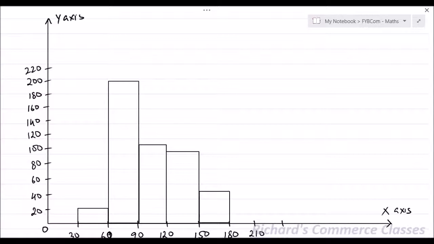Now the modal class is this one, having the highest frequency, that was 198. What has to be done now is a straight line has to be drawn from the end of the previous class to the end of the modal class, that is from here to here.